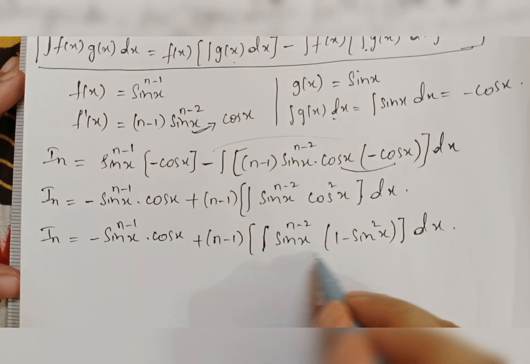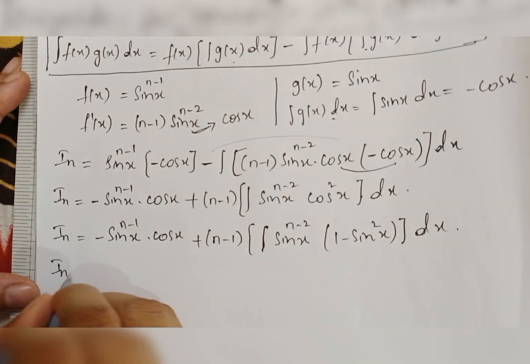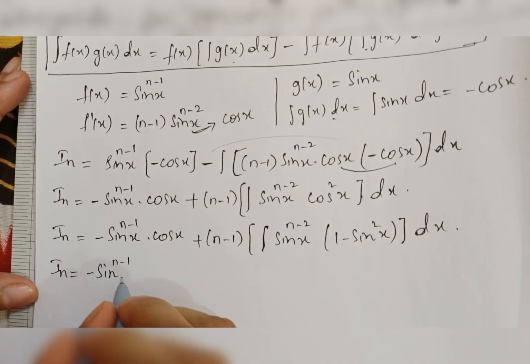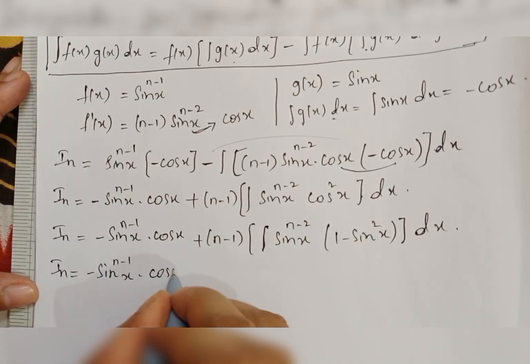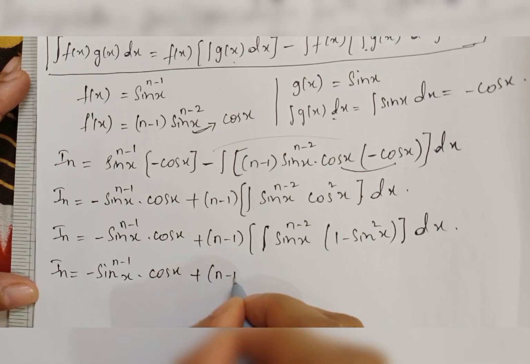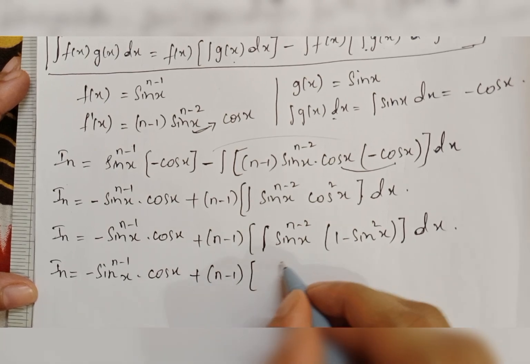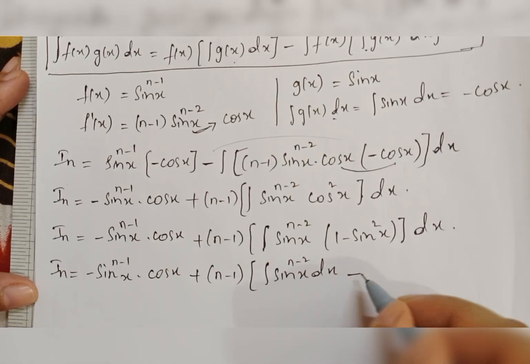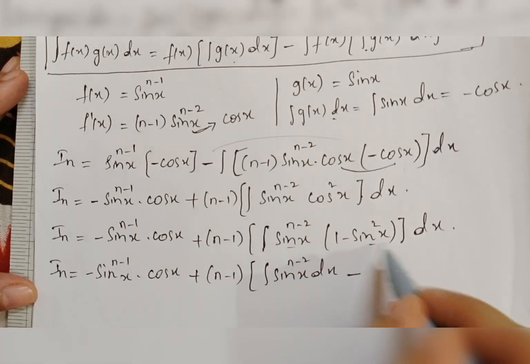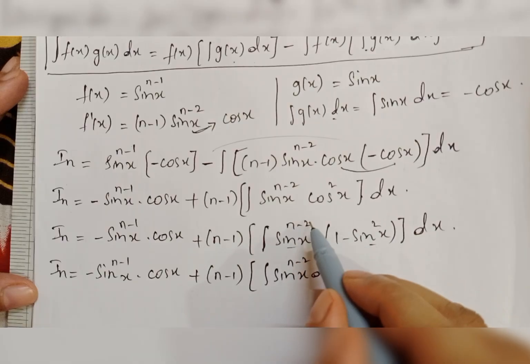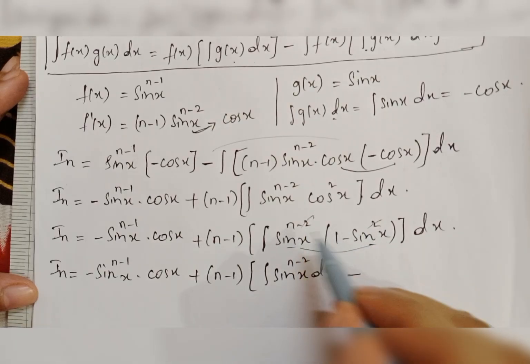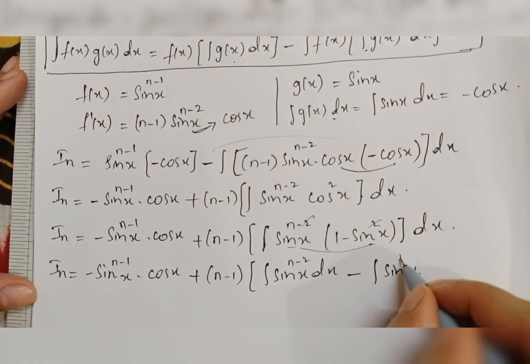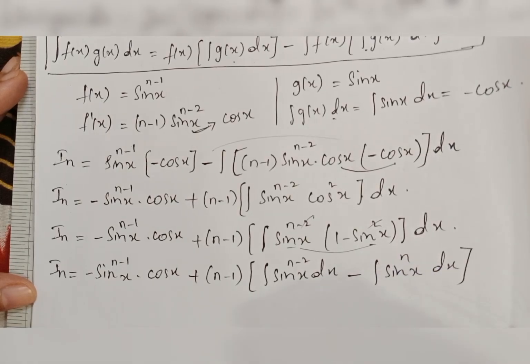Now multiplying it inside, I_n is equal to minus sin x power n minus 1 into cos x plus n minus 1 times the integral sin x power n minus 2 dx minus, here if the bases are equal, the powers should be added. When we multiply with the second term, the plus 2 and minus 2 get cancelled, so we'll be remaining with integral sin x power n dx, right?